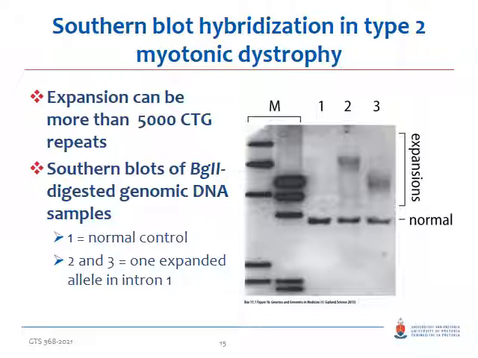Lane 1 indicates a normal person, but individuals 2 and 3 show expansions in size due to the increase in the number of CTG repeats. You can see here and you can see here.